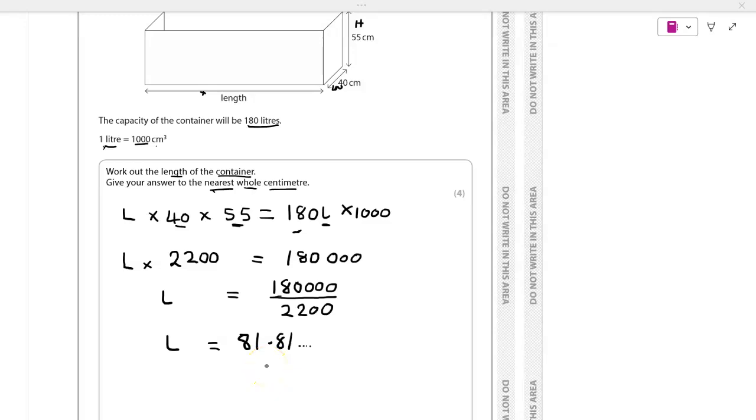Round 81.81 to 82 centimeters. This is because the 8 is more than 4, so 1 needs to be added to 81, and that gives us 82 centimeters. So the length here is 82.